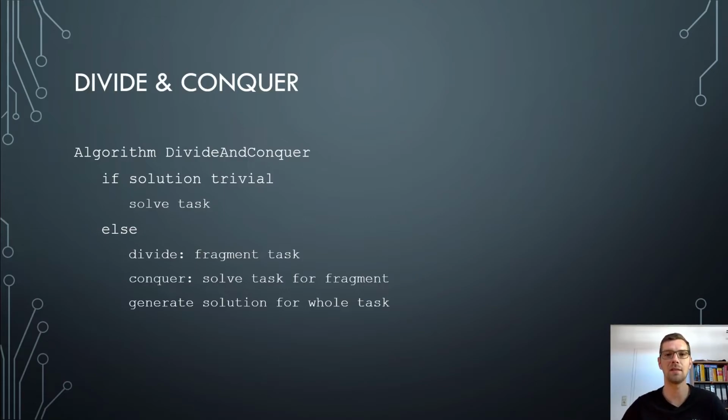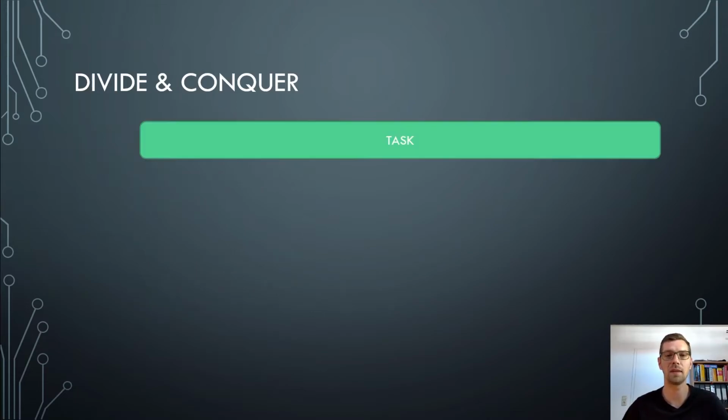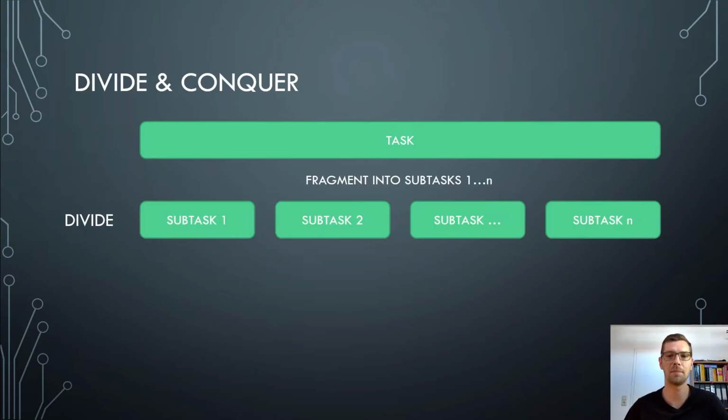Okay, let's have a look at a nicer view of this algorithm. At first, we have the task that is to be solved. And then we come right into our divide stage. So we want to divide this task now into multiple subtasks.